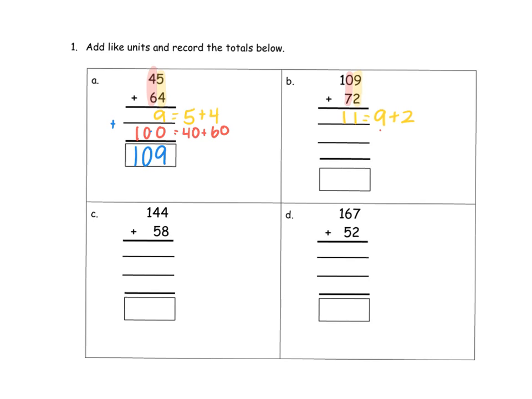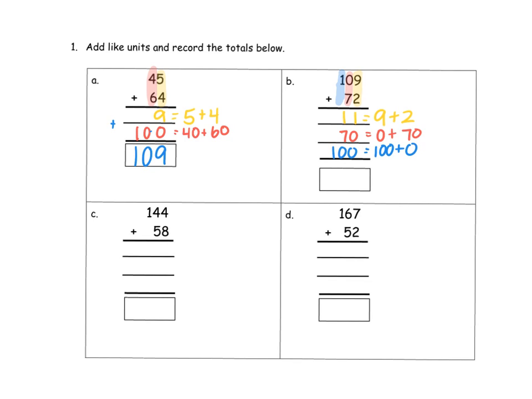So right now I have 0 plus my 7, which is really 70. 0 plus 70 equals 70. And then my hundreds place is just by itself. I have 100 plus nothing. So 100 plus 0 equals 100.